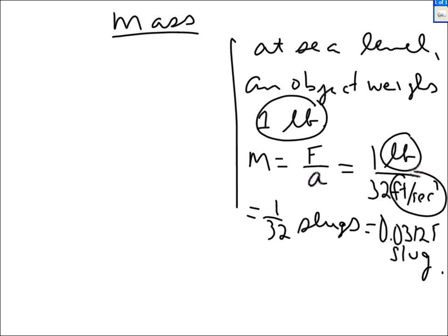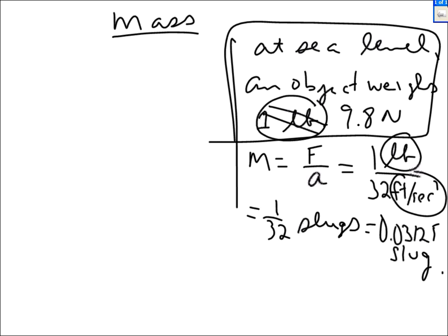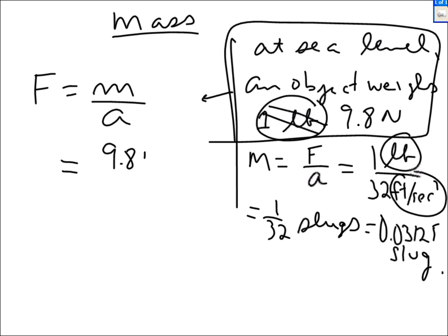What if I told you that at sea level, an object doesn't weigh 1 pound, but rather it weighs 9.8 newtons? Let's do it over here. We know the force is equal to the mass times acceleration, and the force is 9.8 newtons.